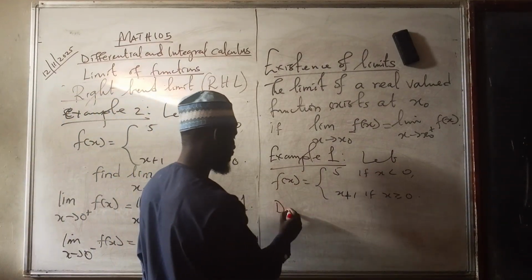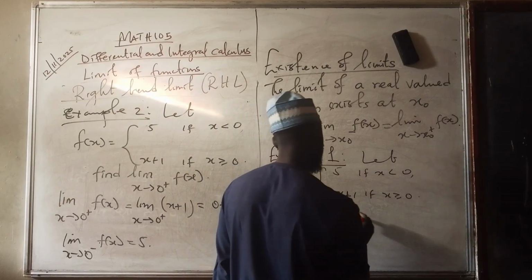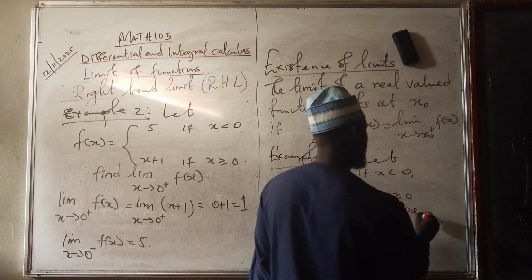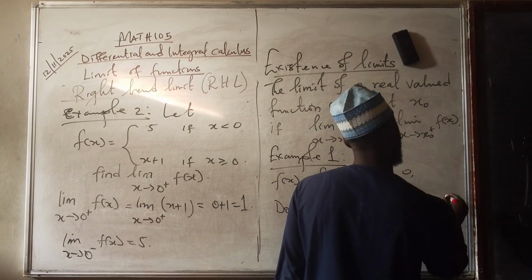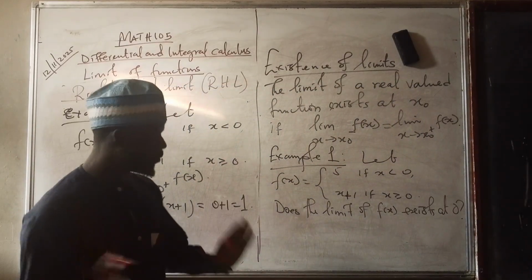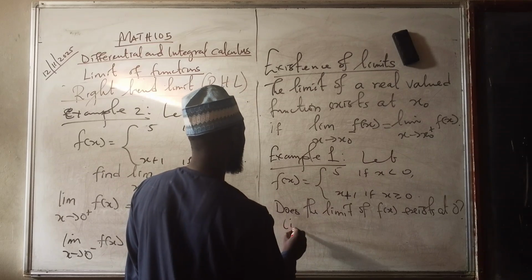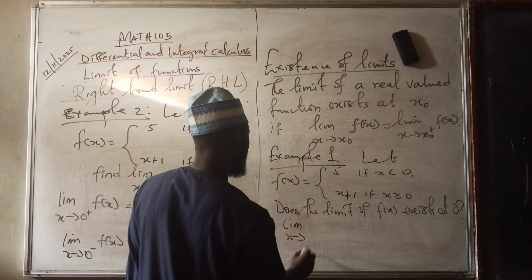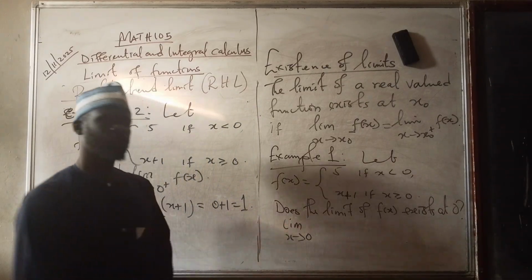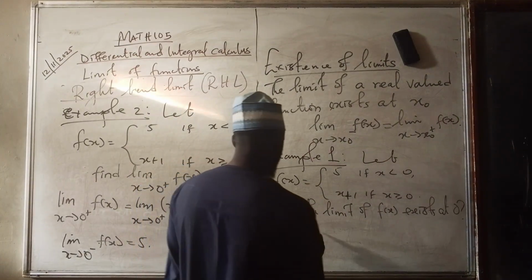So we are asking, does the limit of f of x exist at 0? Meaning, do we have a limit as x tends to 0? That is the two-sided limit, the one we defined in our first lecture.